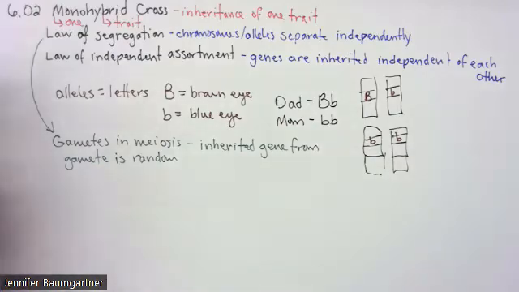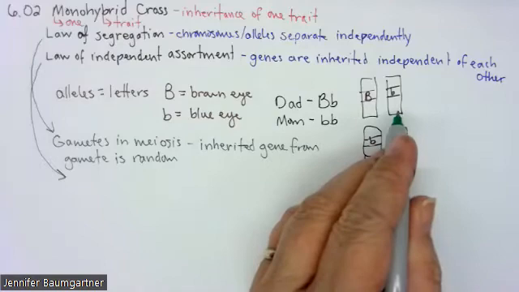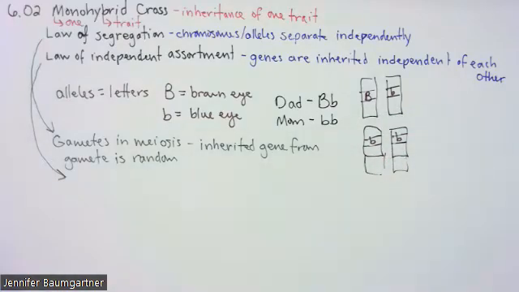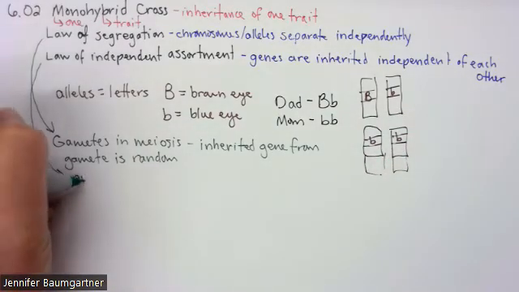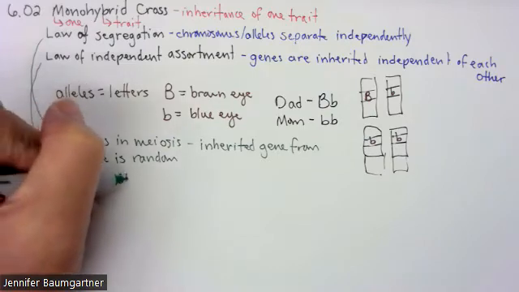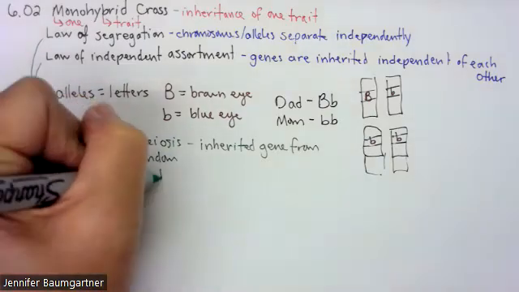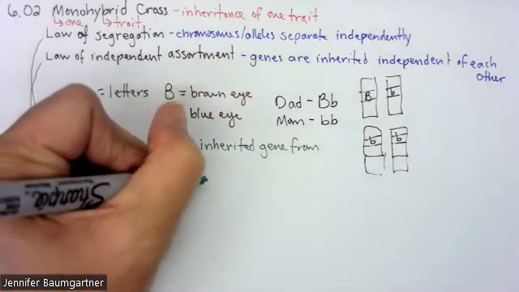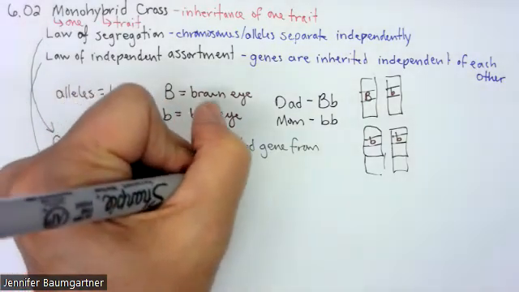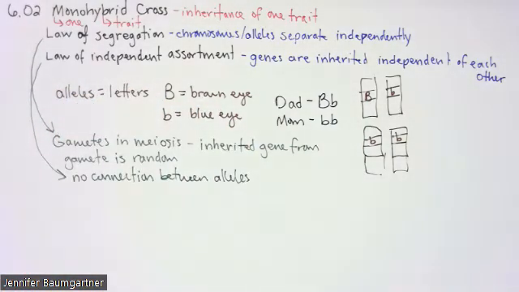The law of independent assortment tells us that this allele isn't going to affect this allele, and this allele isn't going to affect this allele, that there's no connection between the alleles.